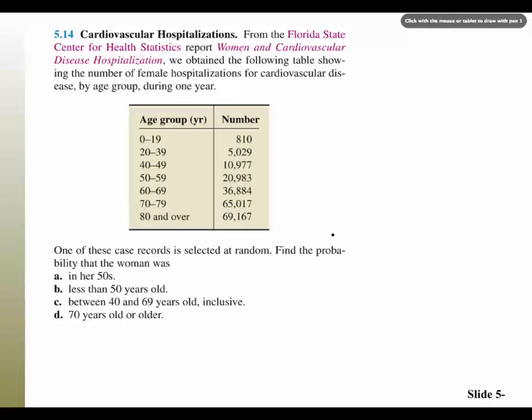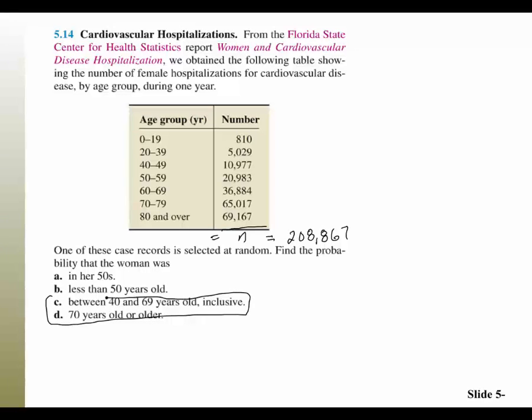Or let's just call it N. Anybody else get that? All right, let's just do the last two. Just do C and D. If we can do C and D, we can certainly do A and B.